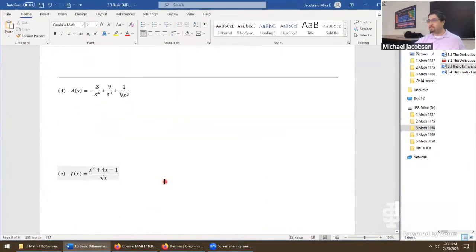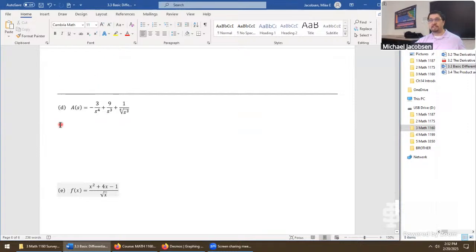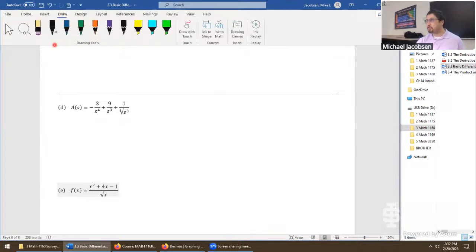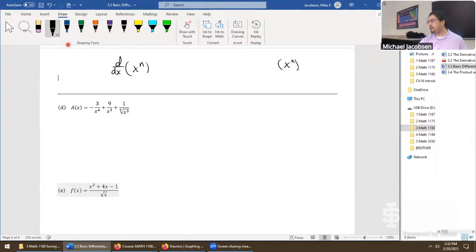And here's where we left off. I put down a little quick border here, just as a reminder. The major tool that we're going to use on these is this property: the derivative with respect to x of x to the power of n. This could also be indicated by just saying x to the n prime, if you prefer, just the same formula.